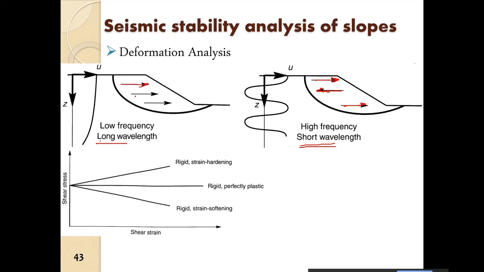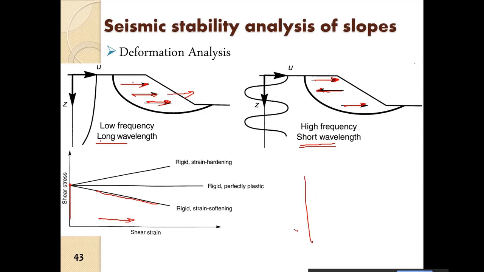So we have this entire mass sliding, and obviously apart from that we have different behaviors of soil. So we have rigid, and this is considered strain softening. So with strain, the stiffness of the soil reduces.